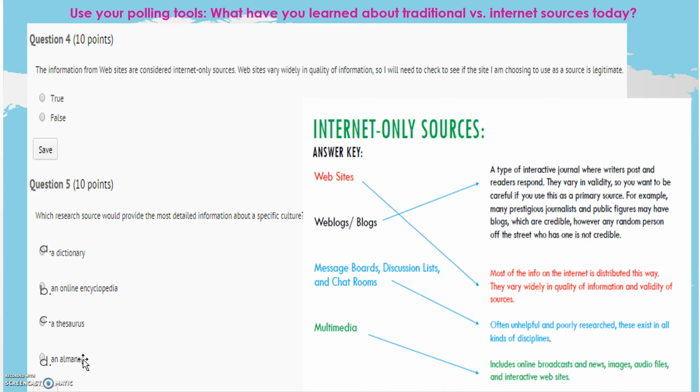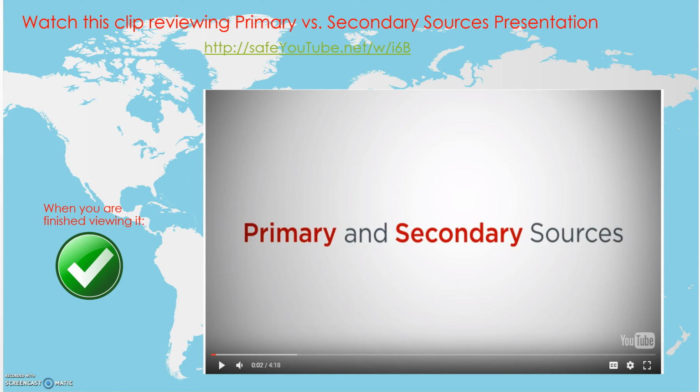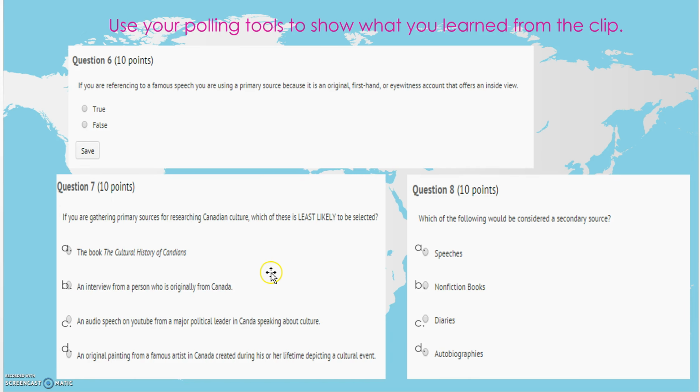Those are print sources. So you need to think about which source would be the best to find information. Okay? We have more questions here. The information on websites is considered internet-only sources, and that's true. That's what's being asked here. And interestingly enough, detailed information and encyclopedias go together, all right? All right, let's keep going.